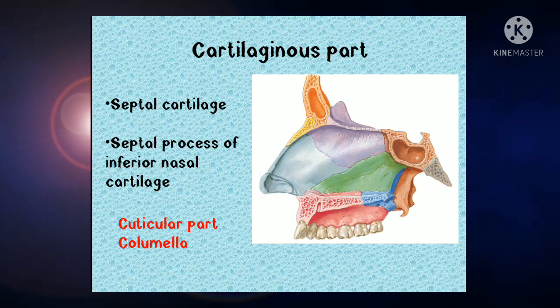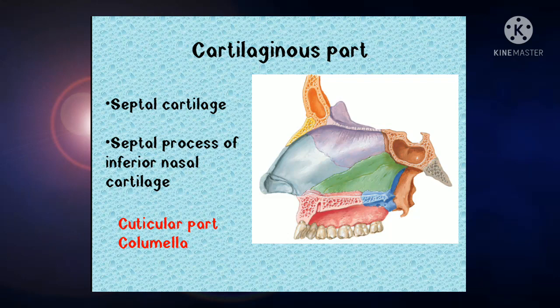The cartilaginous part is formed by the septal cartilage and the septal process of the inferior nasal cartilage or alar cartilage. Then the cuticular part or lower end is formed by fibrofatty tissue which is covered by the skin.